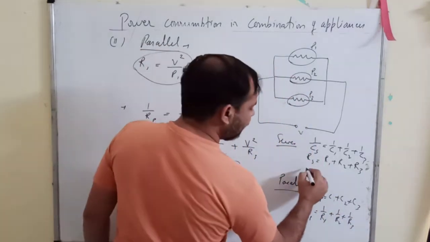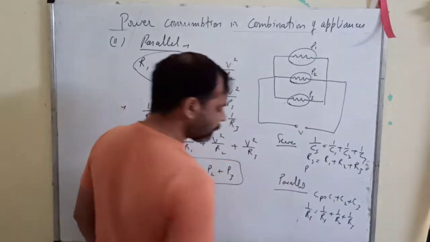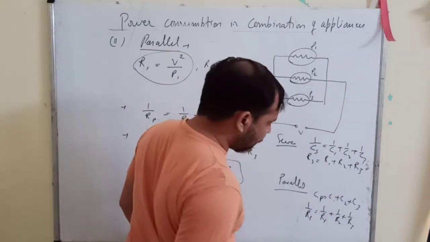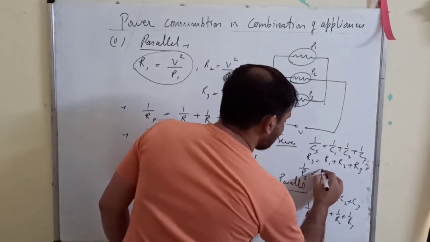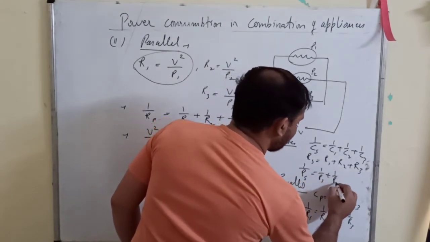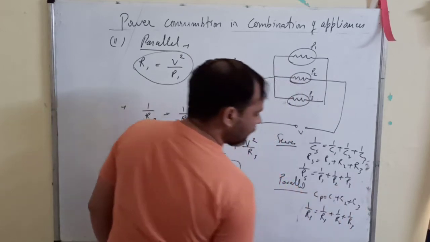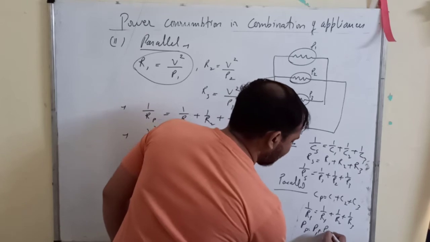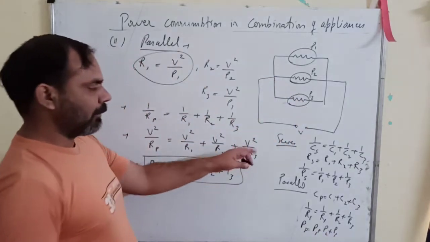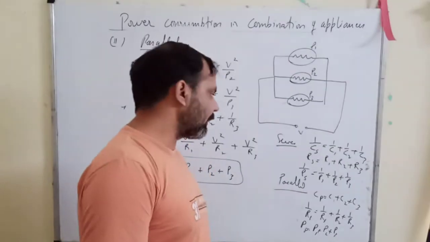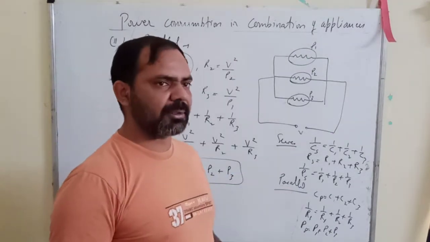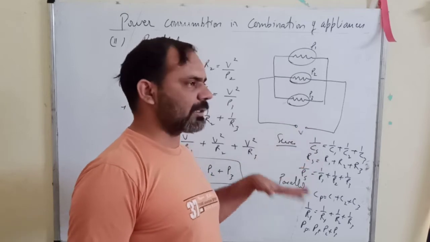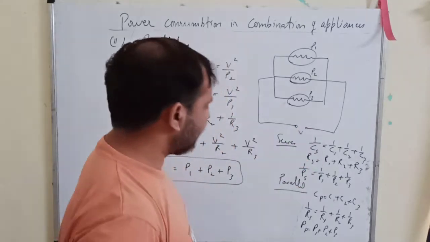In case of power rating, P in series combination is 1 upon Ps equals 1 upon P1 plus 1 upon P2 plus 1 upon P3. And P in parallel combination is P1 plus P2 plus P3. You should not get confused, as series and parallel combinations have different types of combination in case of capacitor or resistance or the power consumption.